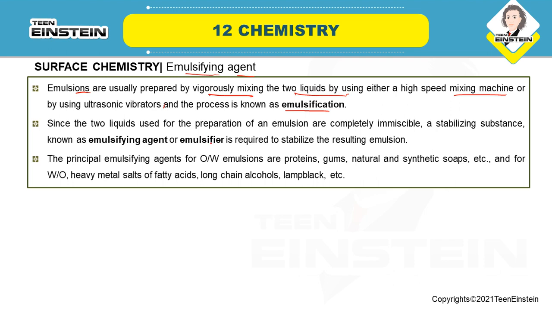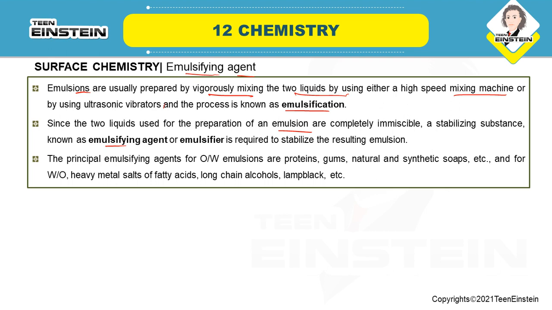Now, since the two liquids we are using for preparation of emulsion are completely immiscible, there must be some stabilizing substance which will help to maintain their stability. This stabilizing agent is the emulsifying agent, or we can also call it an emulsifier, and its main purpose is to stabilize the resulting emulsion.